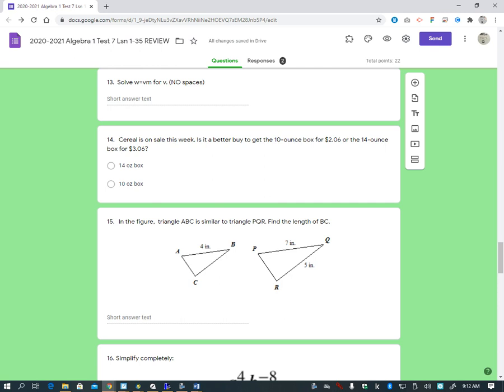What is M doing with V right now? Multiplying. So what do I need to do with M to get it to move? Divide by M. Divide by the thing I need to move. So what does V equal? W divided by M.